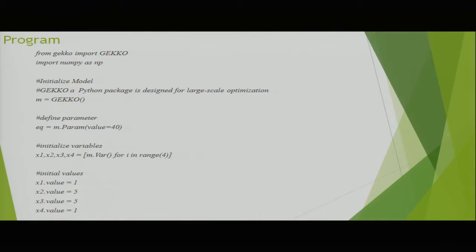And now they initialize the variables first, and then as we just discussed, the initial values x1, x2, x3, x4 take up are 1, 5, 5, 1. They are setting the lower bounds, the upper bounds, and the equation.